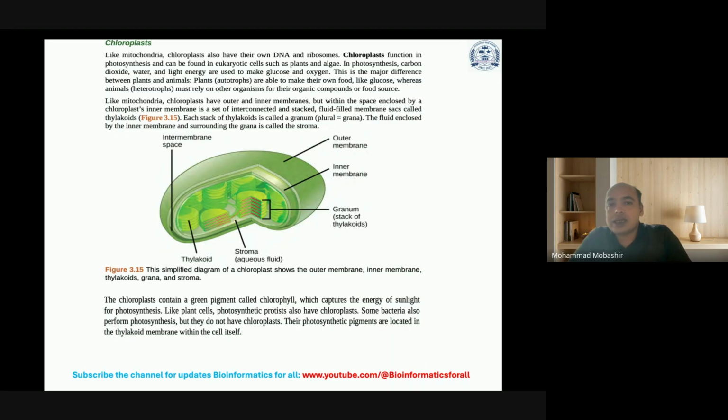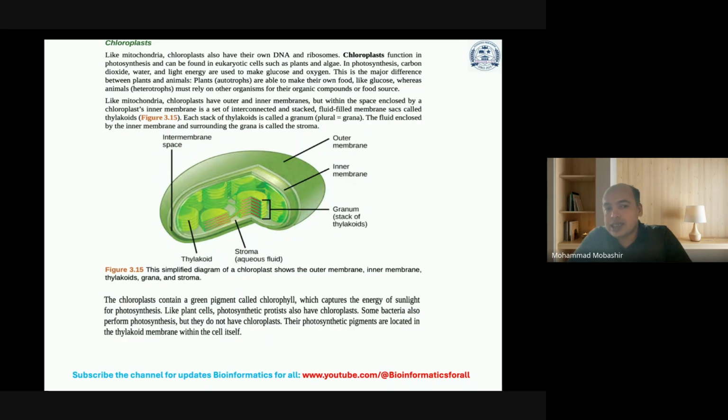So these are some of the things you need to remember: intermediate membrane, outer membrane, inner membrane, granum, stroma, thylakoid. This is a simple diagram of a chloroplast with the membrane details and some of the major components.